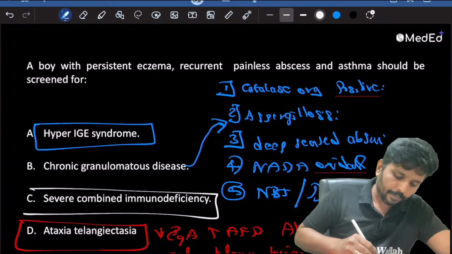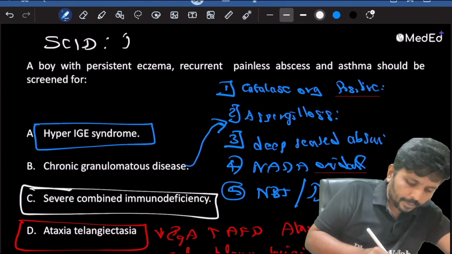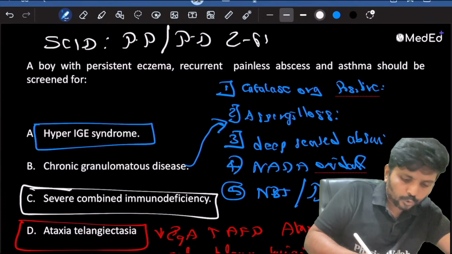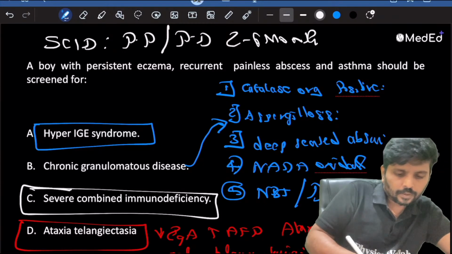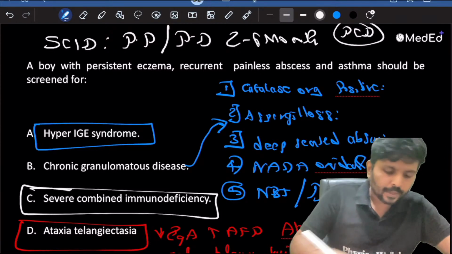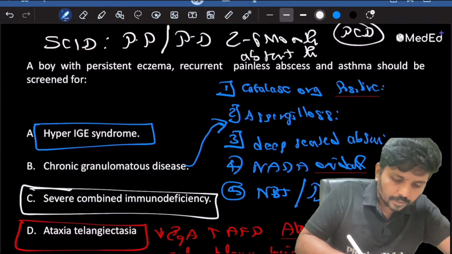Kid is characterized by persistent pneumonia, persistent diarrhea between 2 to 6 months. It is characterized by Pneumocystis carinii pneumonia, and in this condition there will be absent thymus. You will get absent thymus.